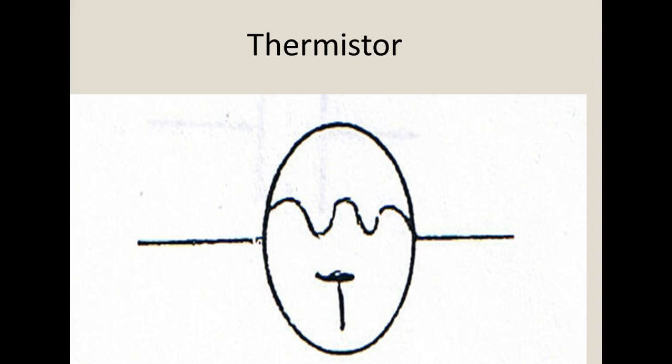Now a resistor has a set resistance of ohms. About a 10,000 ohm resistor, 40,000 ohm resistor. A thermistor is a special resistor where its resistance changes. Maybe it goes from 10,000 to 40,000 based on what?